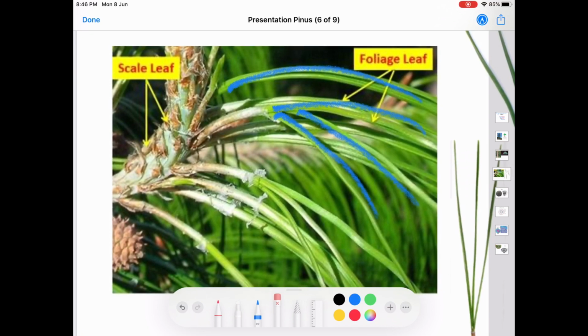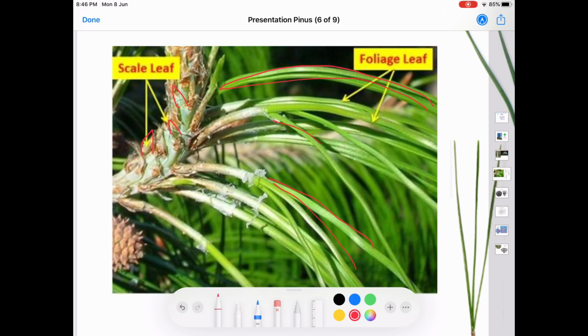As in the case of stem, the leaves are also showing dimorphism. That is, it carries the scale leaves and foliage leaves. These small structures are the scale leaves. These needle-like structures are the foliage leaves.